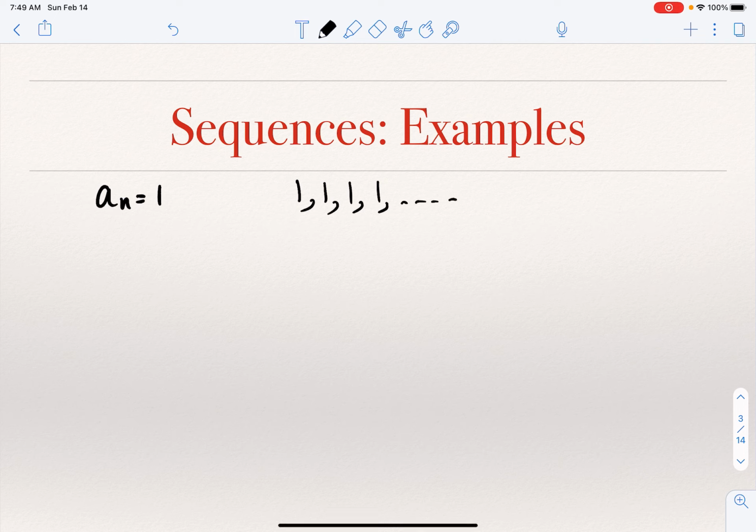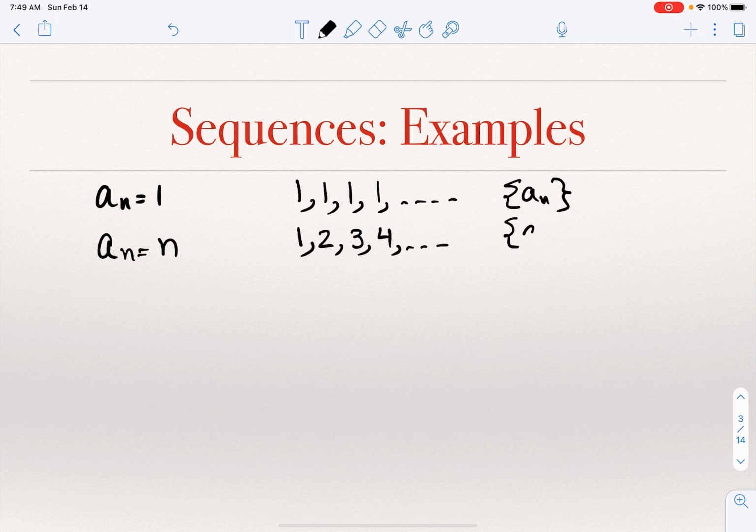It's basically all ones. Suppose a sub n is n. The nth element is the value n. Then the first element is 1, the second is 2, the third is 3, the fourth is 4, and so on.